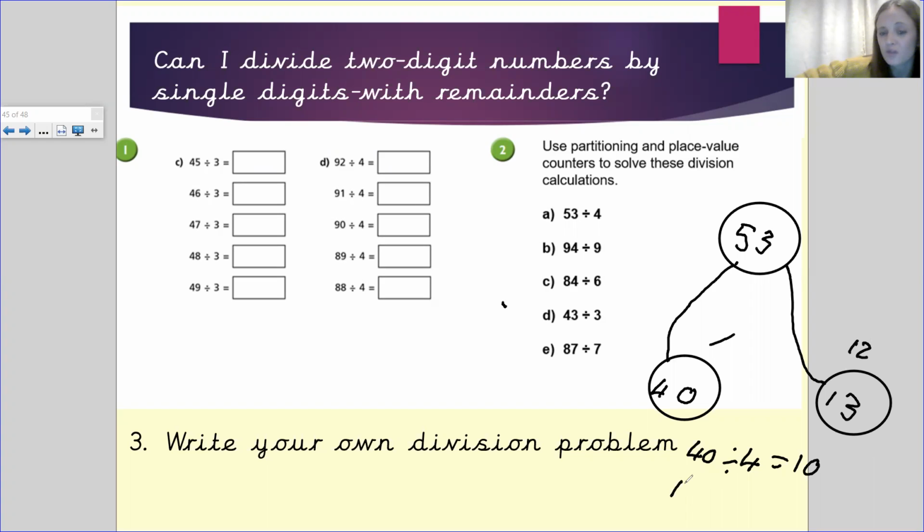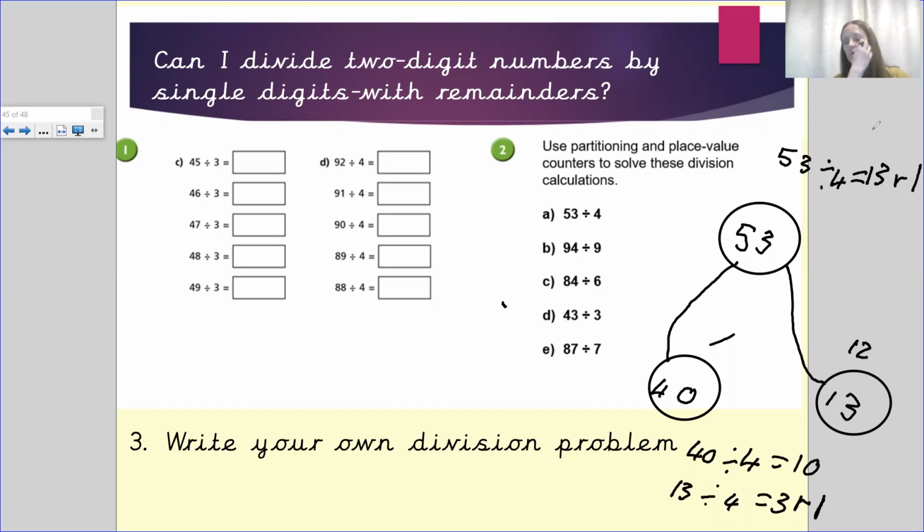So 13 divided by 4 would be 3, because that will get me to 12 with a remainder of 1.